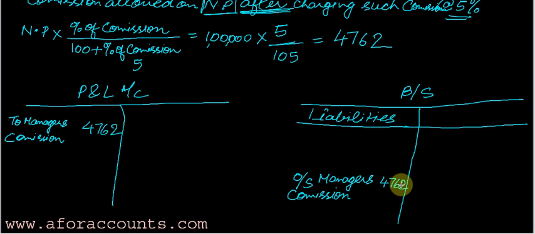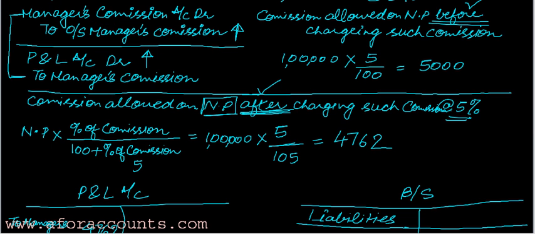So this was all the concept on manager's commission. Whenever you see a manager's commission adjustment entry, pass it at the end after getting the net profit, because until and unless you find the net profit, how will you find the manager's commission? And the second checkpoint is to check whether it is before charging such commission or after charging such commission.